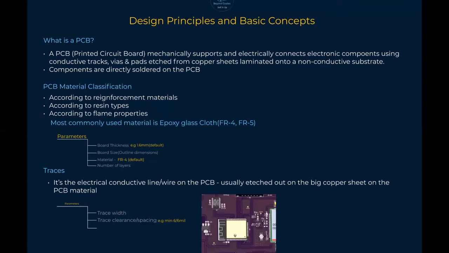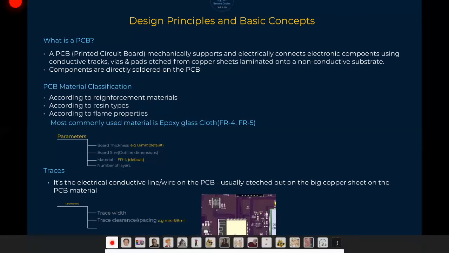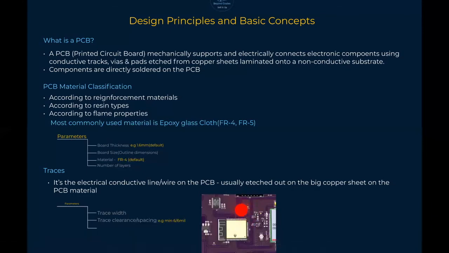Traces. This is the electrical conductive line or wire on the PCB. It's usually etched out of the big copper sheet on the PCB material. These are the lines that you see here. Essentially, these are the traces, or rather the wires. So what are the parameters to consider here?